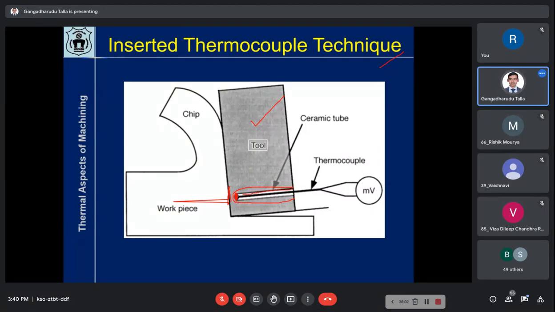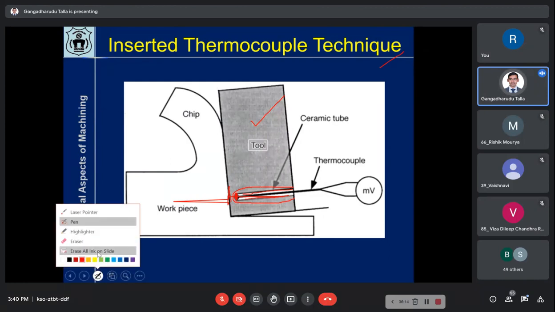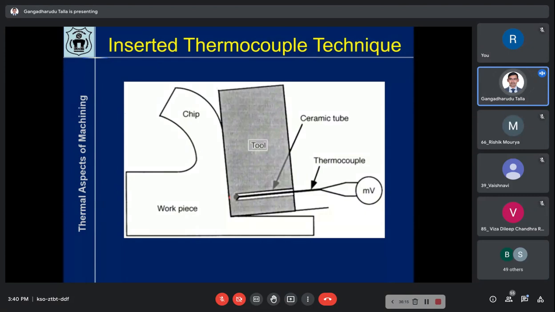There is insulation here, or a ceramic tube, which is nothing but insulation. Now, during cutting, this portion will be heated up, and this heat will go here and be sensed, and you can measure the temperature. But you are not directly measuring the temperature at the chip-tool interface, but at some depth.